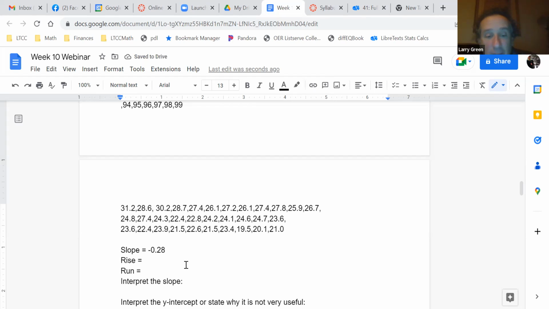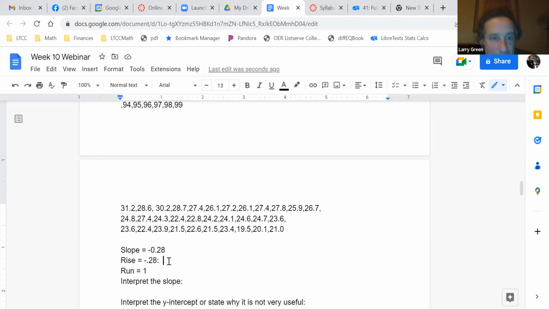Okay, so that means we could say the rise is negative 0.28 and the run is 1. And notice the rise, that's a change in y, right? And y is the clarity, how deep you can see that dish as you drop it down.